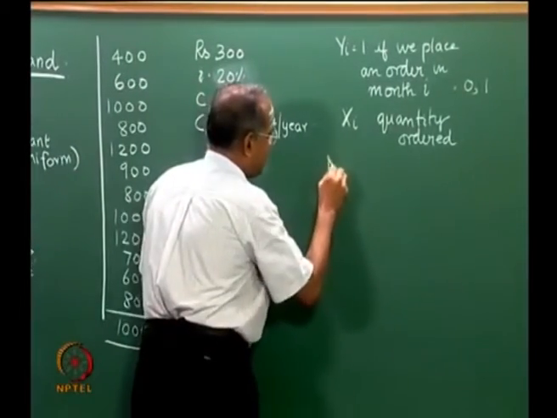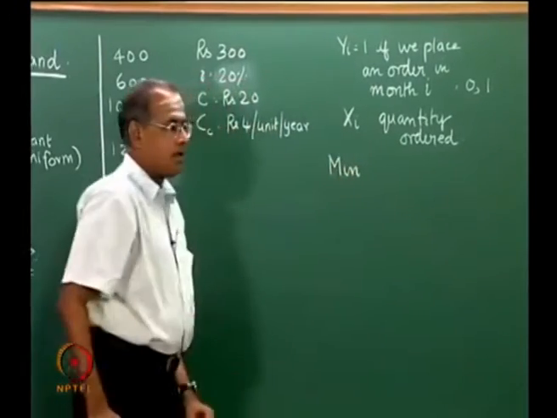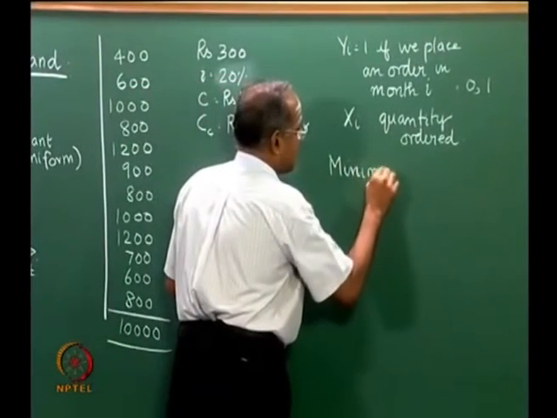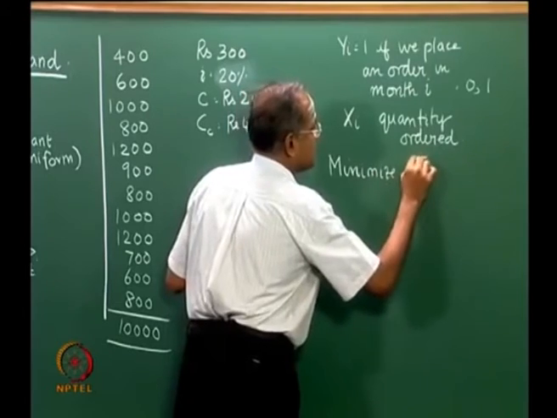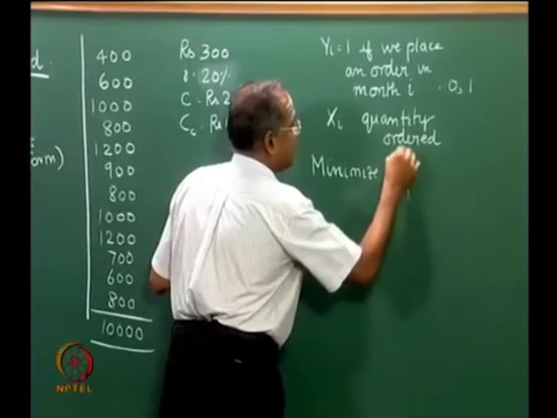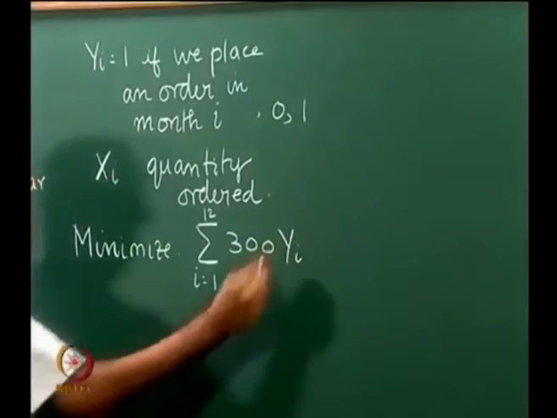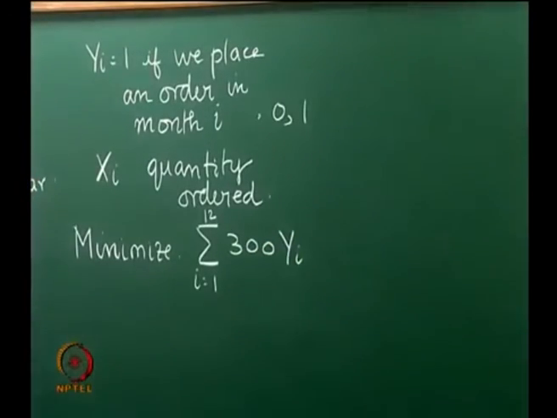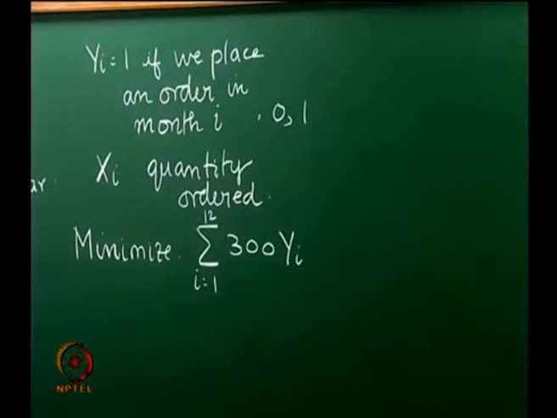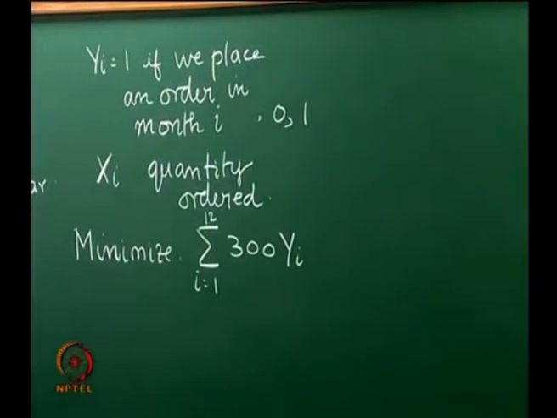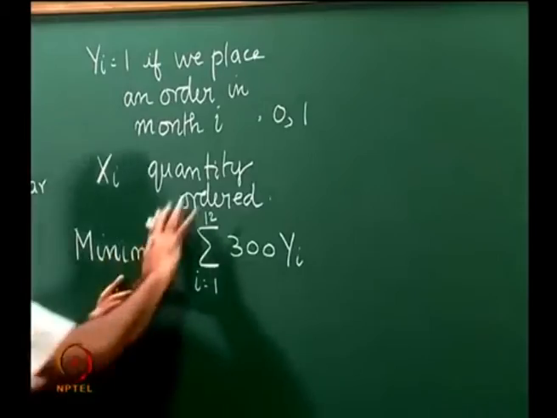So minimize sigma i equal to 1 to 12, 300 yi, because every time an order is placed, if yi equal to 1, then we incur 300, which is the order cost. So this is the total order cost component.